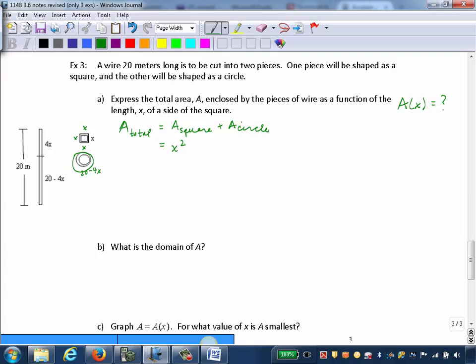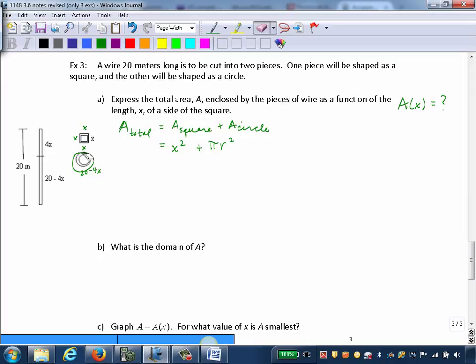Length times width, or the side squared. And the area of a circle, recall your area of a circle formula, pi r squared. So remember, we want to get this eventually into A of x, meaning the only variable besides A we can have is x. So we're okay here, but we've got to change this r somehow into an expression with x.